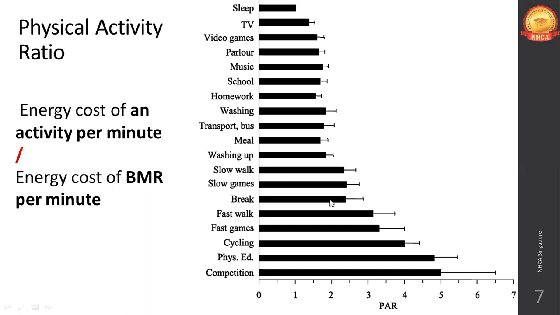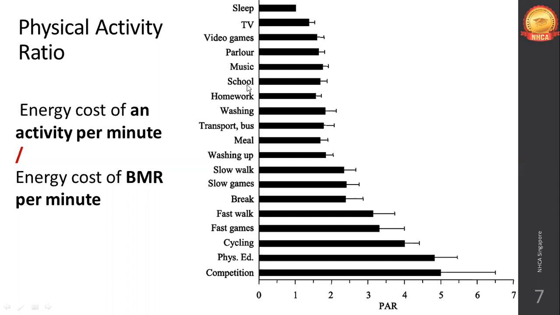So the physical activity ratios are pre-designed ratios which have already been researched. The different kinds of activities you usually do: sleeping, TV, playing video games, music, school, washing, having a meal, slow walk, slow games, dancing, cycling, competition, fast games, fast walk, and how long you spend a minute on this.